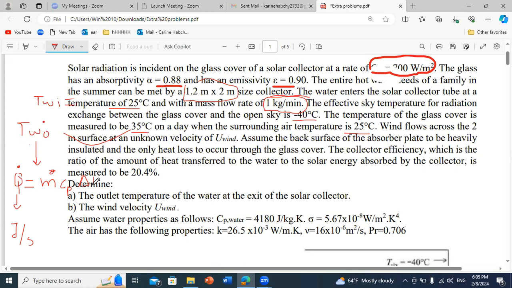We know what our needs are. So we want to design accordingly the solar collector that will supply our needs.